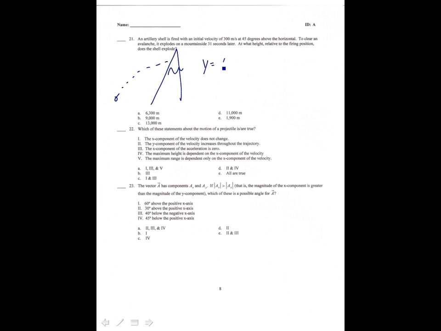We want to know the height. y is equal to y naught plus v naught y t plus 1/2 a y t squared. y is what we want to know. y naught is 0. v naught y is 300 sine of 45. t is 31 seconds. Plus 1/2 times minus 9.8 times 31 squared. And that gives me the answer, which for number 21 is E, 1900 meters.